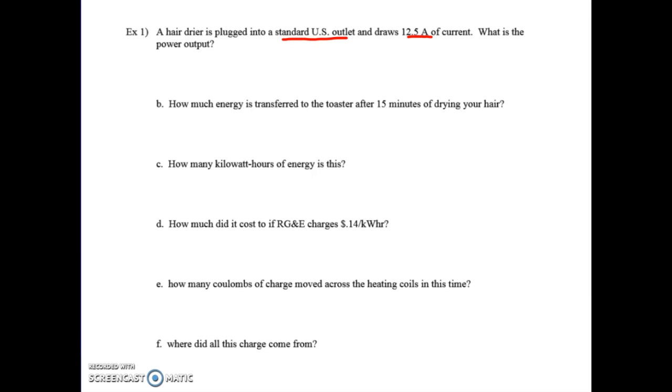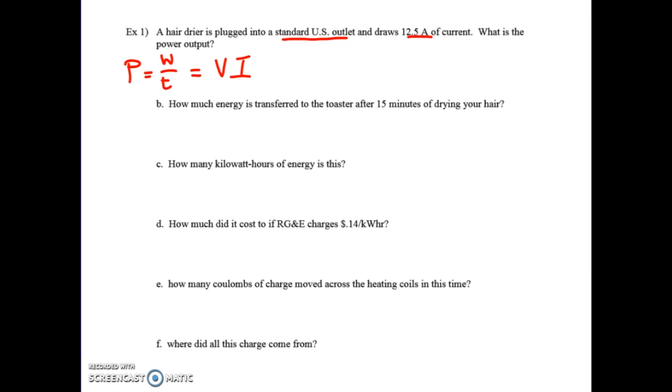Well, if you go back to the table on the other side, the general definition is power is the rate at which you do work. When you have electrical measurements, we can do a shortcut and say that's nothing more than the voltage across the circuit multiplied by the current drawn through the hairdryer in this case.